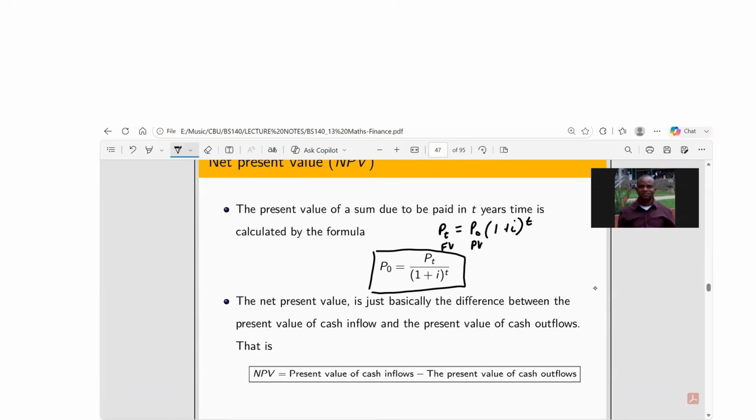Whereas when you are running a business now, there are those returns, they're the ones you call cash inflow because they are flowing into your pockets. And those are regarded as positive because you are gaining. So now the difference between the cash outflow and the cash inflow is the one we call net present value. So when we ask you to define what net present value is, simply say this is the difference between cash outflow and cash inflow. That's all.